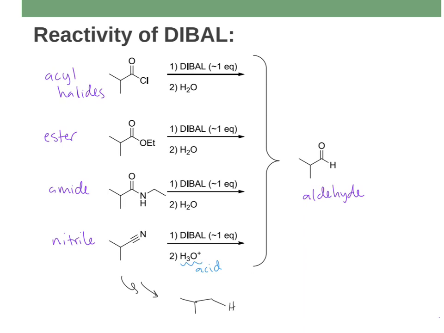So you get the H that was added, but you end up with this imine-like intermediate, so you need to do the hydrolysis of the imine to get your aldehyde back. But you all are already aware of that. You already know about imines and enamines and those reversible reactions being hydrolyzed. So the point is you can use DIBAL to turn these back into aldehydes, right? You can reduce them to turn them into aldehydes.